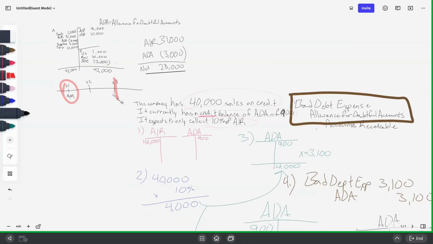In a way, the ADA, the allowance method, it's kind of like having backup money. It's backup money, but not having backup money. It's basically assuming for the worst. We don't put money in it, it's just assuming. Are you talking about the whole equation?